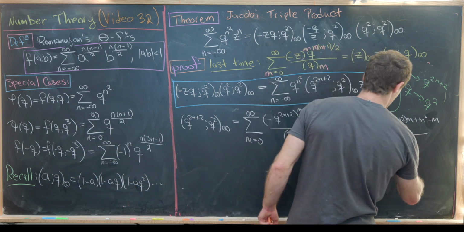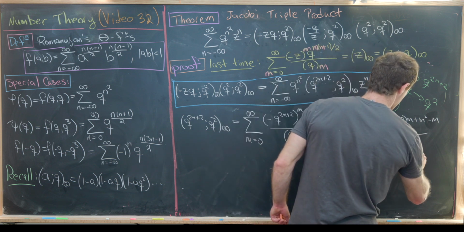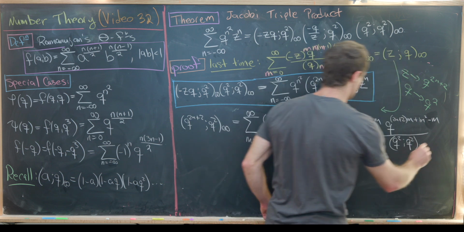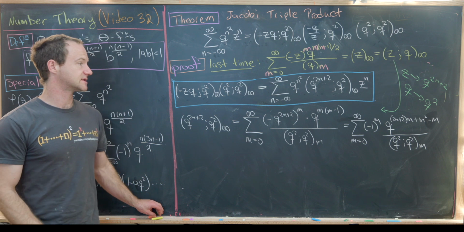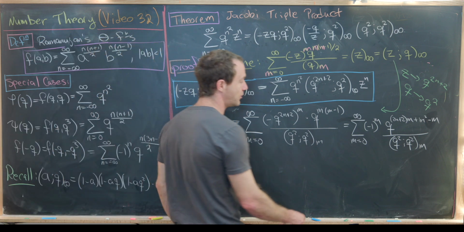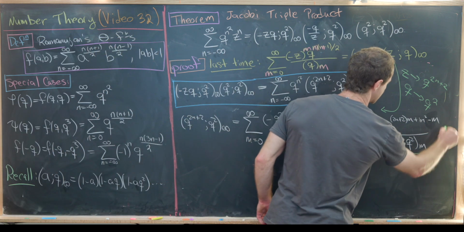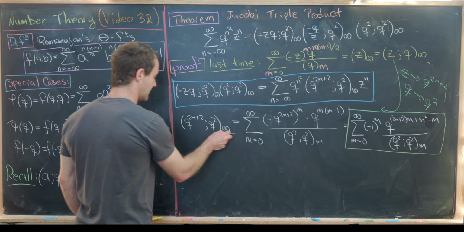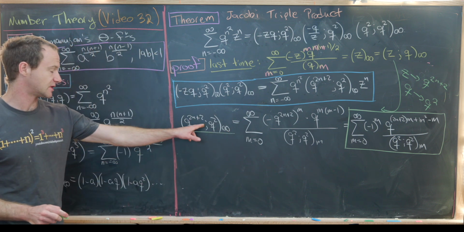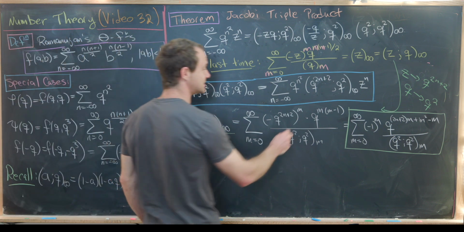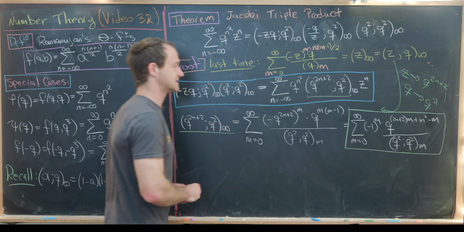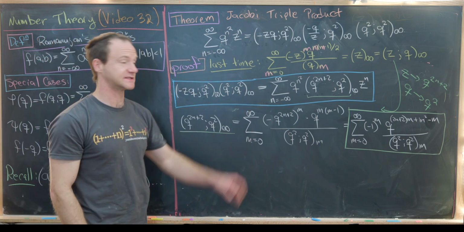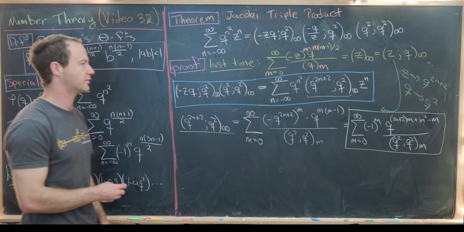And then this is all over q squared m. Okay, nice. And then from here, we will put this expression, which we have developed for this q to the 2n plus 2 q squared, into this right-hand side of our blue boxed equation, which is kind of our current point.